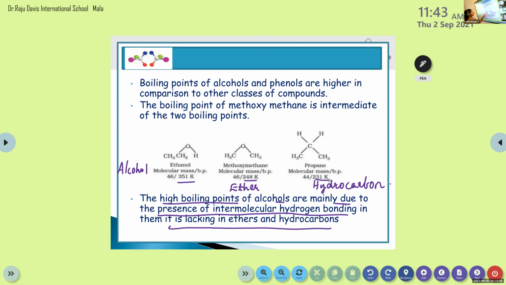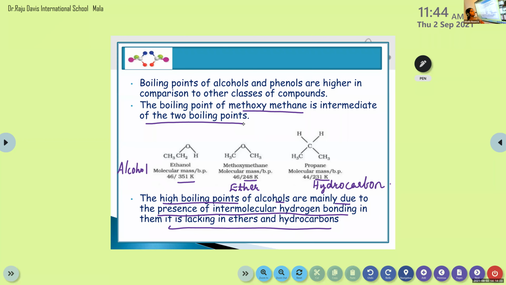And the boiling point of the ether is intermediate between ethanol and propane, isn't it? So the main reason for the high boiling point of alcohol is the presence of intermolecular hydrogen bonding in them. It is lacking in ethers and hydrocarbons.